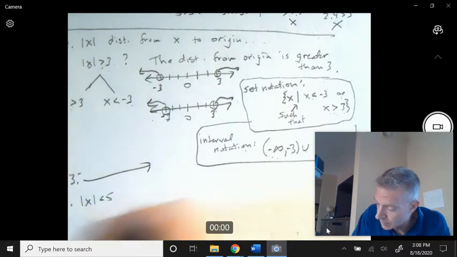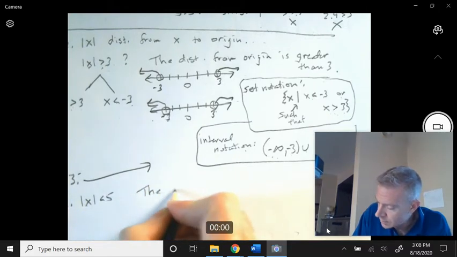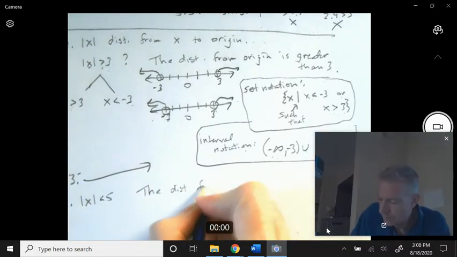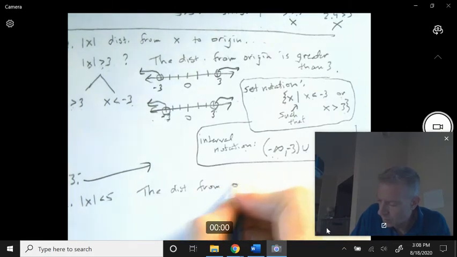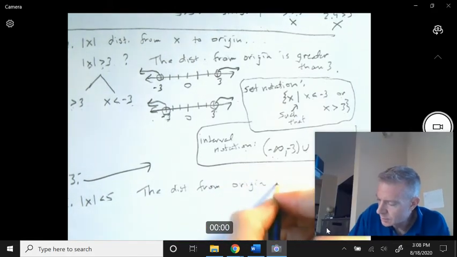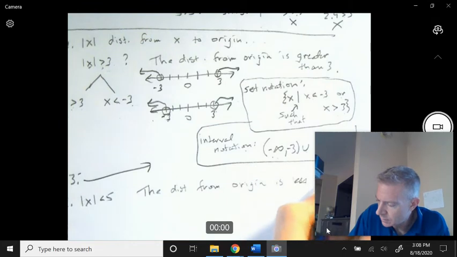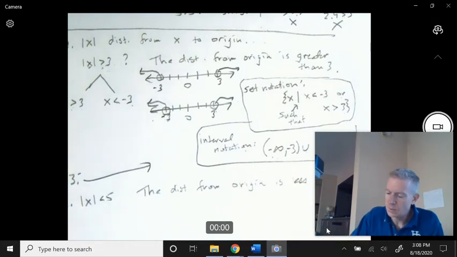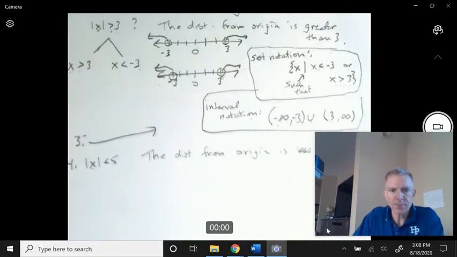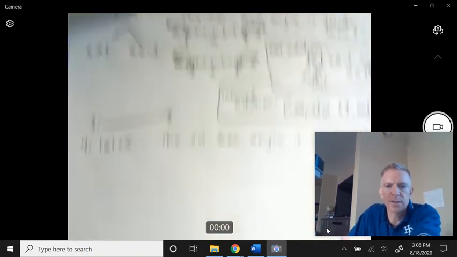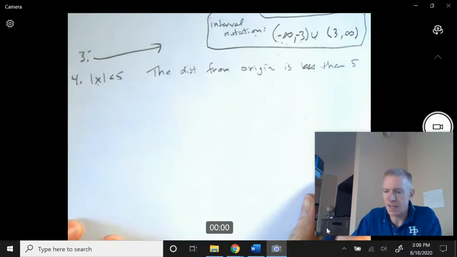Well, in words, it means the distance from the origin is less than 5. Okay? If you think of absolute value of x as the distance from the origin, it just says the absolute value of x, the distance from the origin, is less than 5.